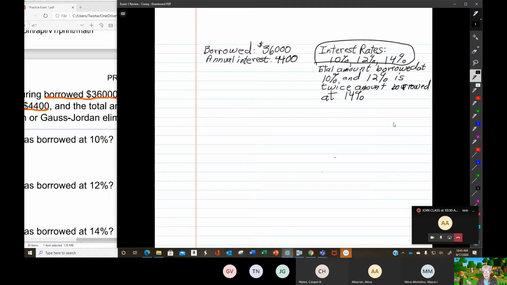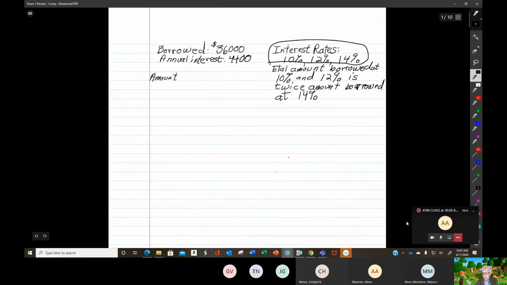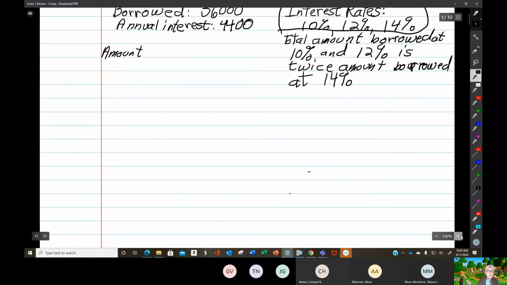And since we've already been told to write this as a matrix, because you're going to use Gaussian elimination, let's say, since there are 3 amounts borrowed, 3 different interest rates, the amount borrowed at 10%, let's let that equal X dollars.